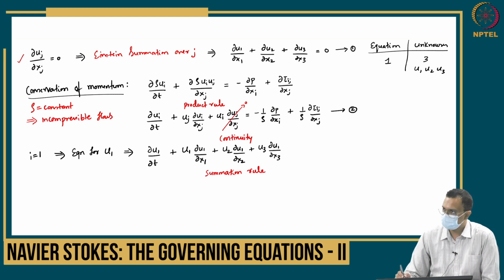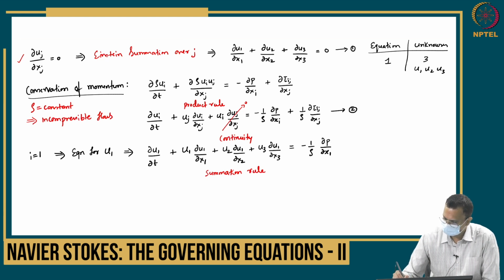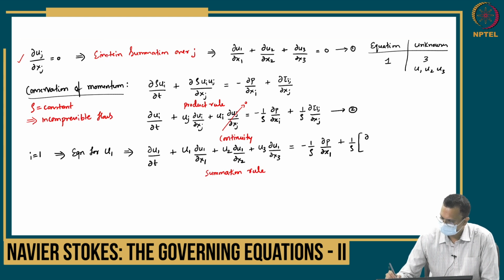On this side I get minus 1 by rho, the pressure gradient along the x1 direction, plus 1 by rho, here j is repeated again, ∂τij/∂xj, i is 1.